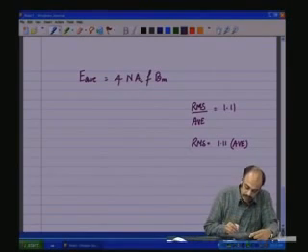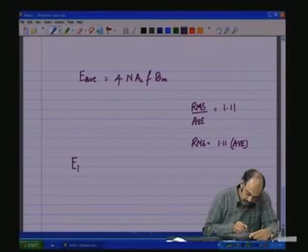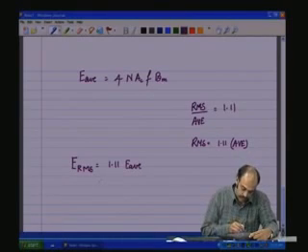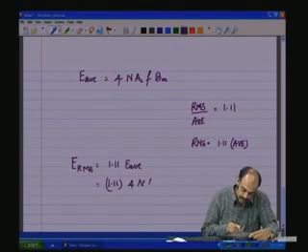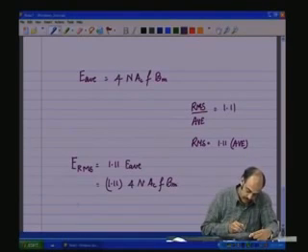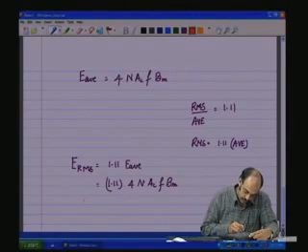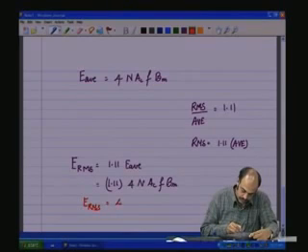So using that relationship here, the RMS value will be 1.11 into 4 N Ac f Bm, or we have the voltage across the coil E RMS equal to 4.44 N Ac f Bm.